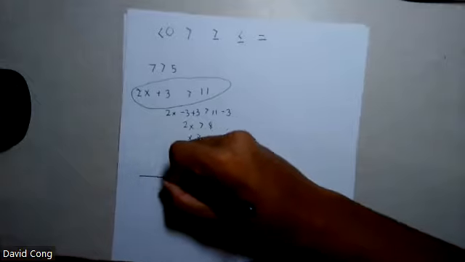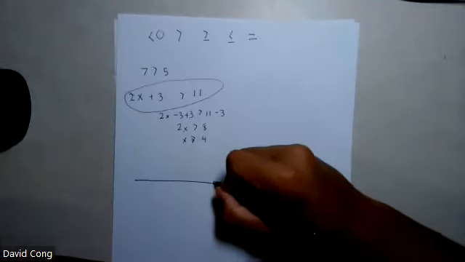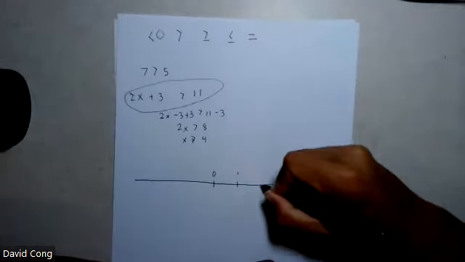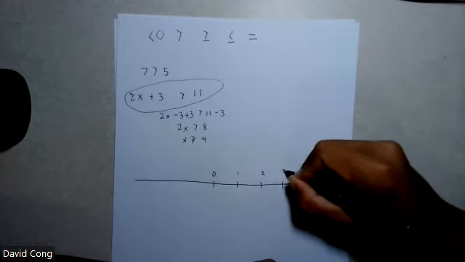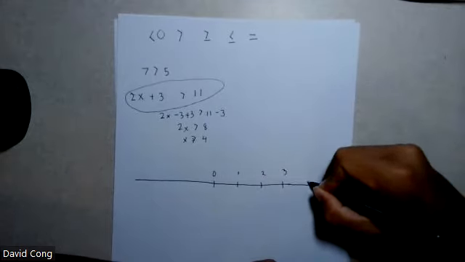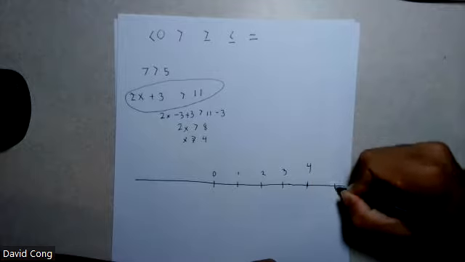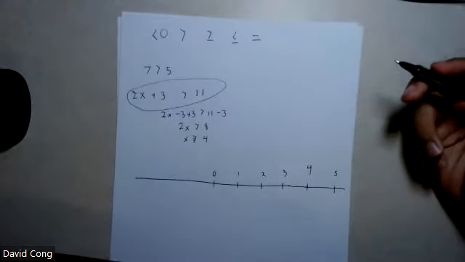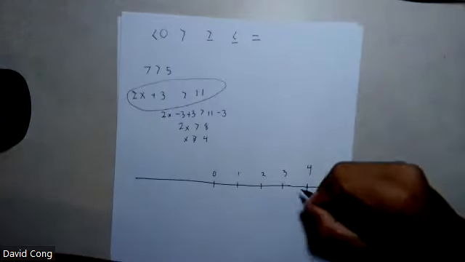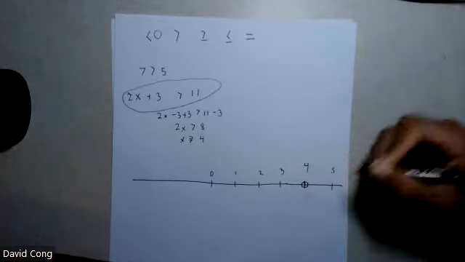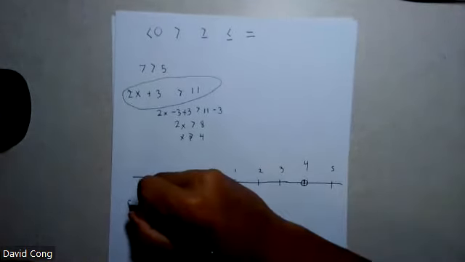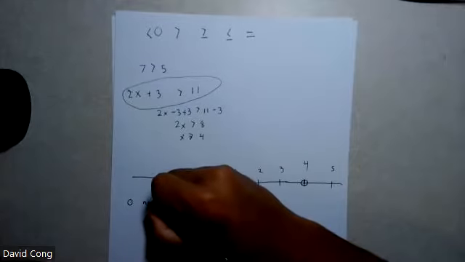And we can express this on a number line. If this is 0, 1, 2, 3, 4, 5. So we look at it. It has to be greater than 4. So we use an open dot. This is something you want to know. Open dot on a number means not included.